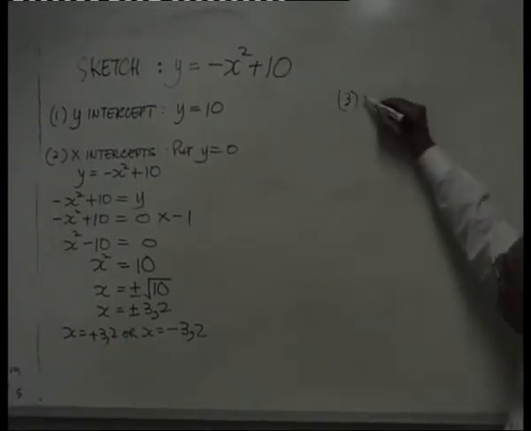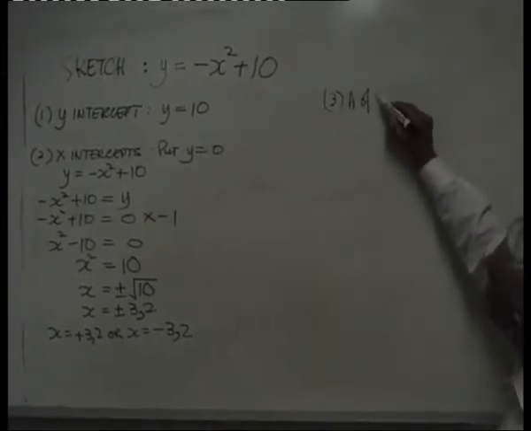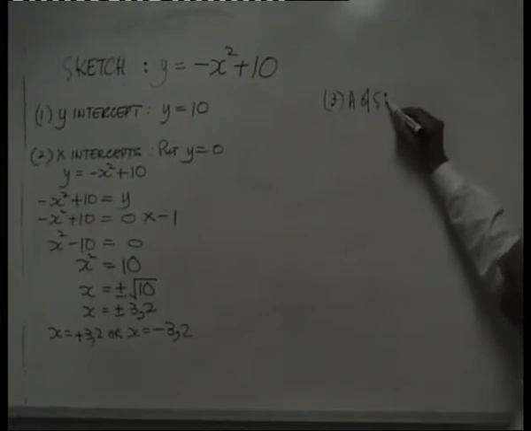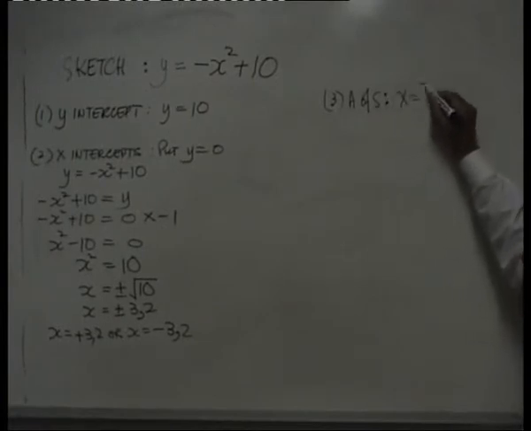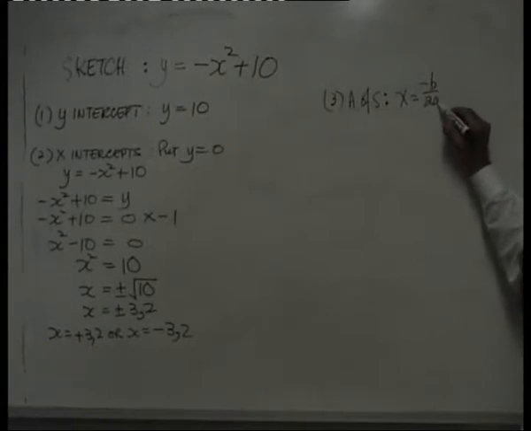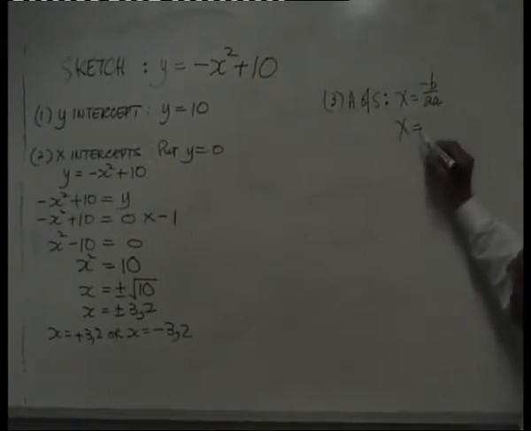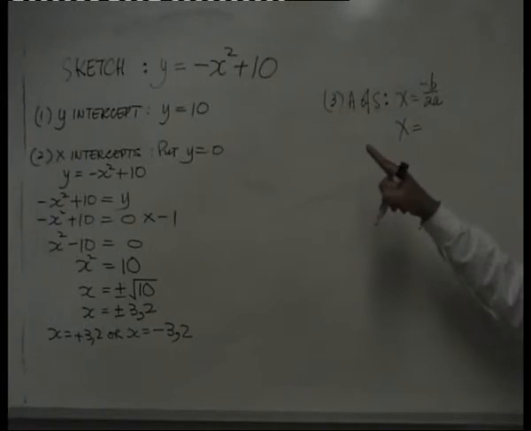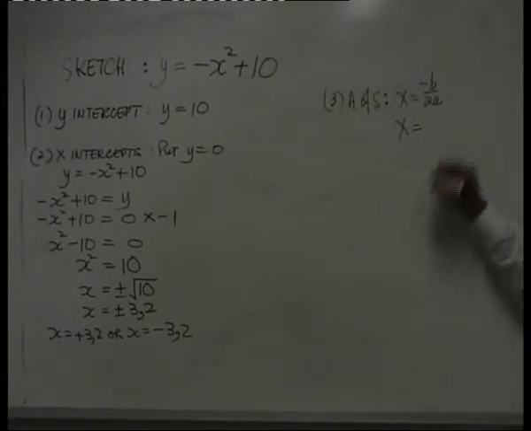In step 3, we're trying to find the axis of symmetry. So x is equal to minus b over 2a. So x is equal to, well, there is no term in x there, therefore b is 0.